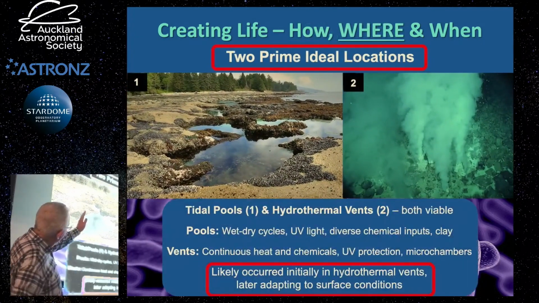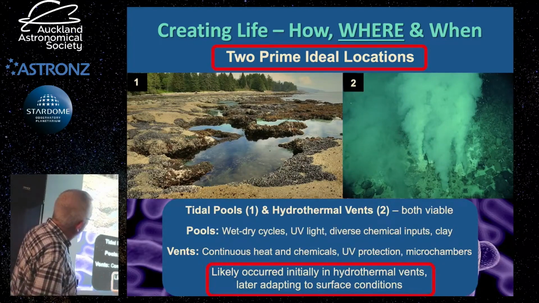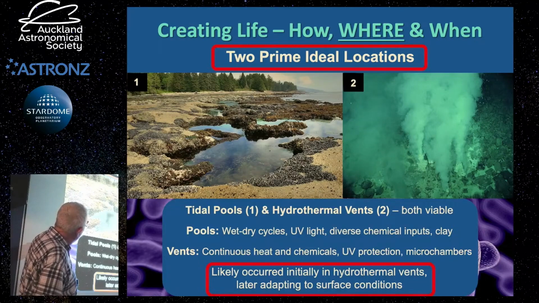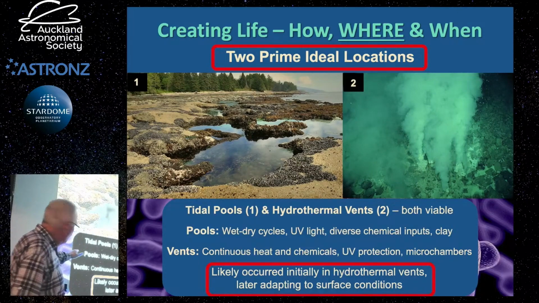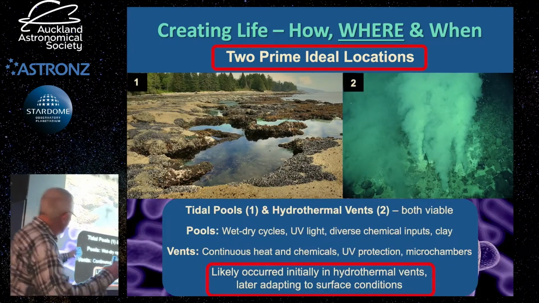So that's how life may well have got started on Earth. How about where? There are two prime locations. One is tidal pools, or rock pools if you will, and two, hydrothermal vents. The pools are great because tides come and go, so you get wet and dry cycles to help chemical reactions.